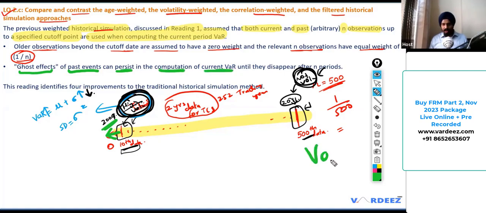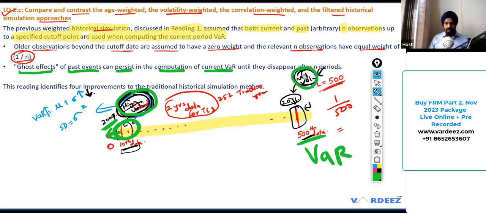When you calculate the VaR using these 500 data points, you've captured the crisis data as well, which is not relevant. So that is the reason we need to change this kind of methodology, where we are confusing the current estimate with past data which is not relevant, a higher volatility maybe earlier.